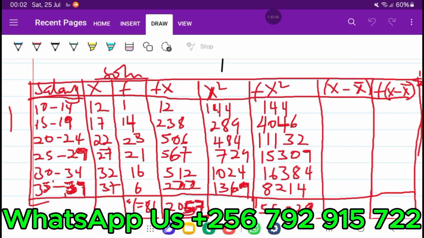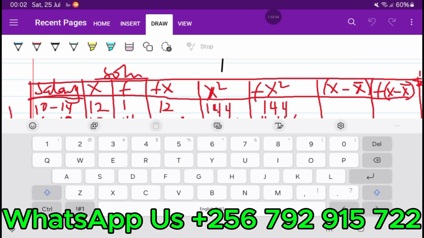You create one table, then you put all these other formulas so that you compute them at once and you compare the results, bearing in mind the formulas that are related to a sample.